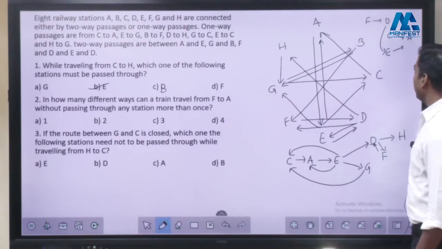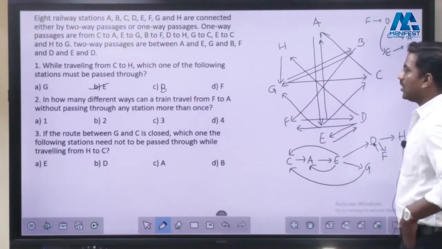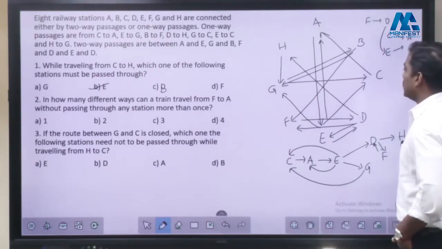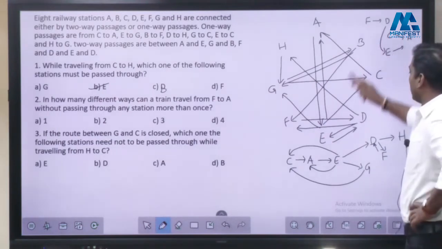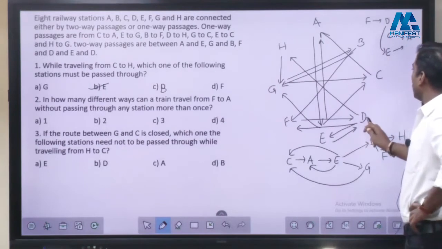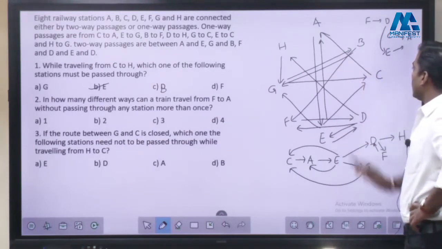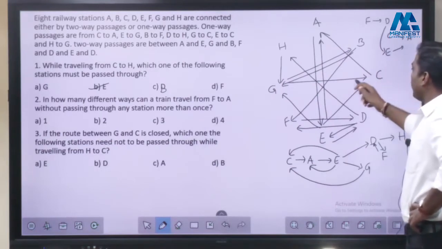Any other possibility? How many different ways can a train travel from F to A? This is one: F to D, then D to E, E to A. Any other chance? For C, from where is it coming?